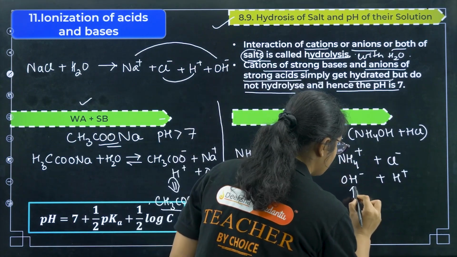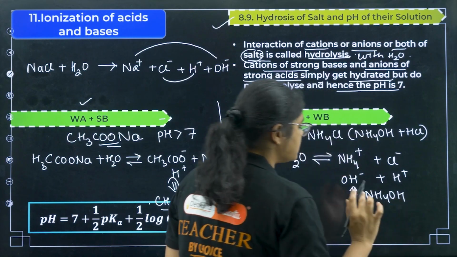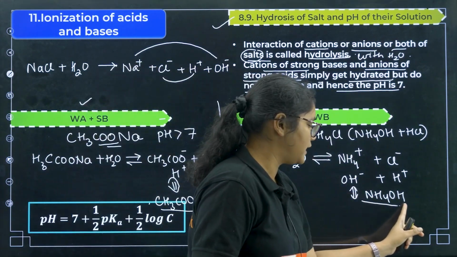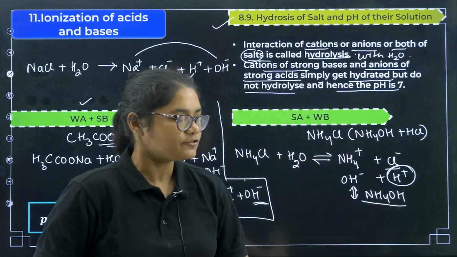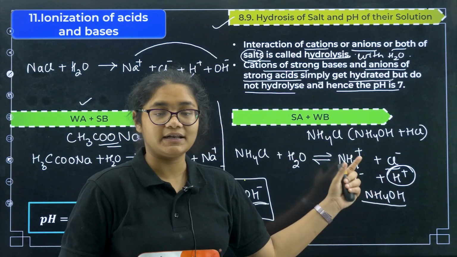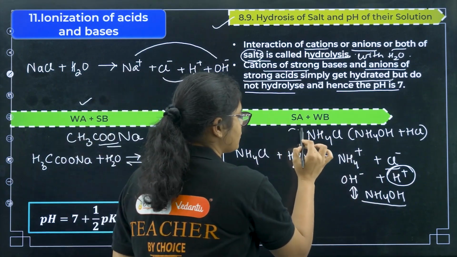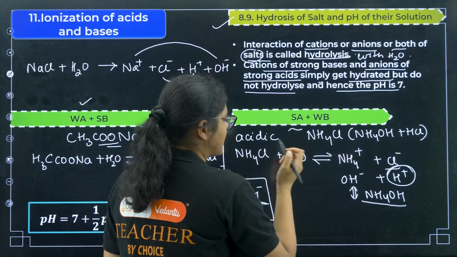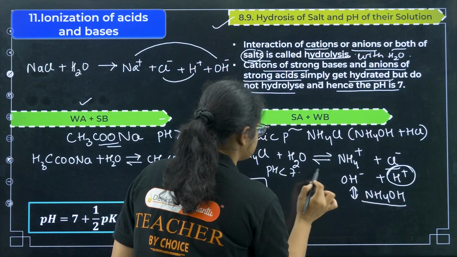These two will combine to give you NH4OH. Now because it is a weak base, it will not dissociate, so in the solution we are having NH4OH, Cl- and H+, right. So because of this H+ present in the medium, the solution becomes acidic. So this type of salt of strong acid and weak base is acidic in nature, right. If it is acidic in nature, the pH value will be less than 7, okay.